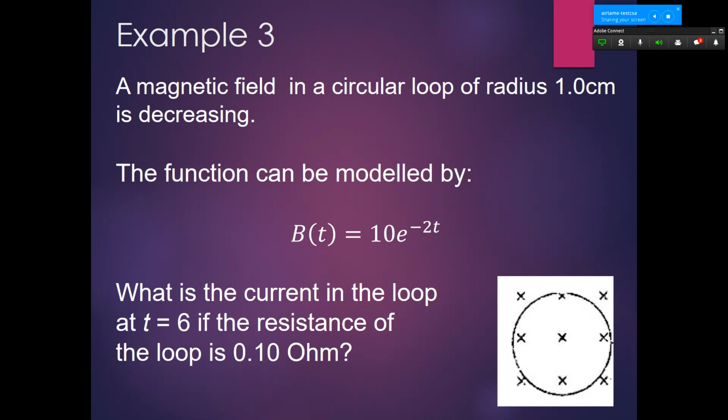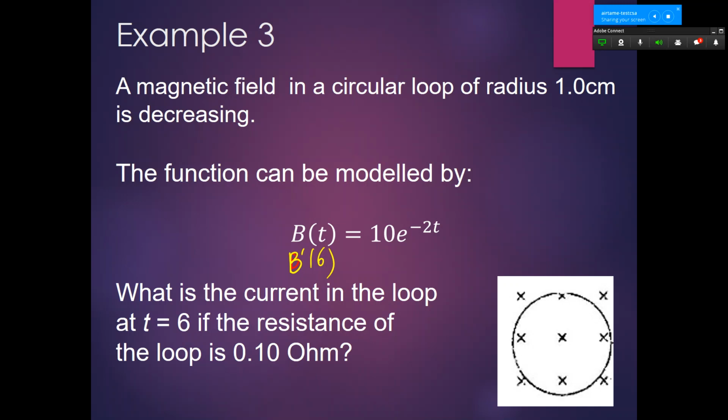In this case, the area is not changing. So I need to figure out that there is a magnetic field change. So that means I need to find B. What I need to find is B prime of 6. That means I need to find the derivative of my B function.